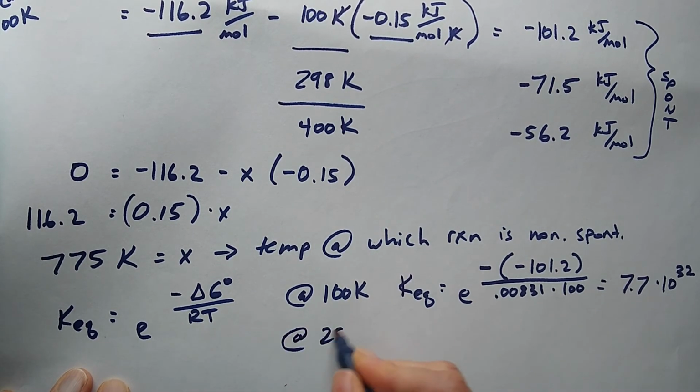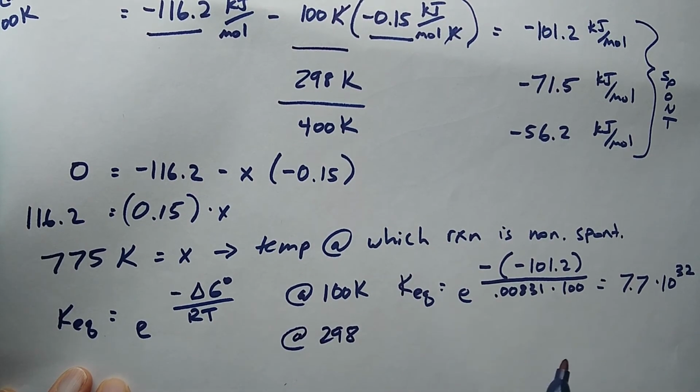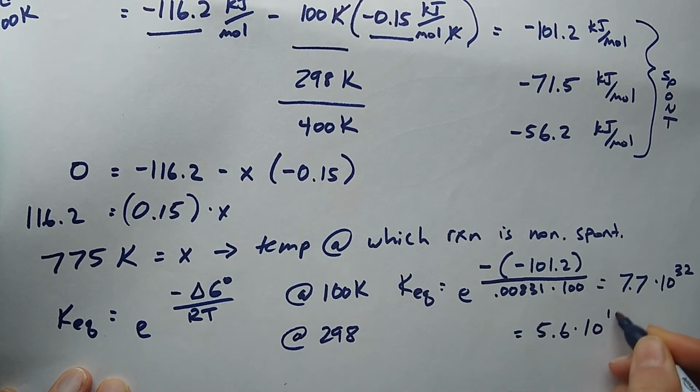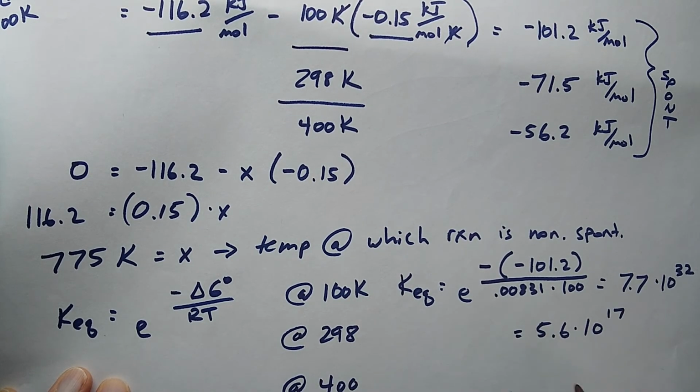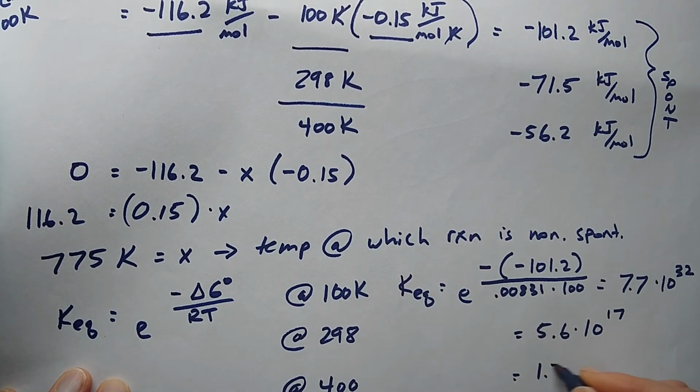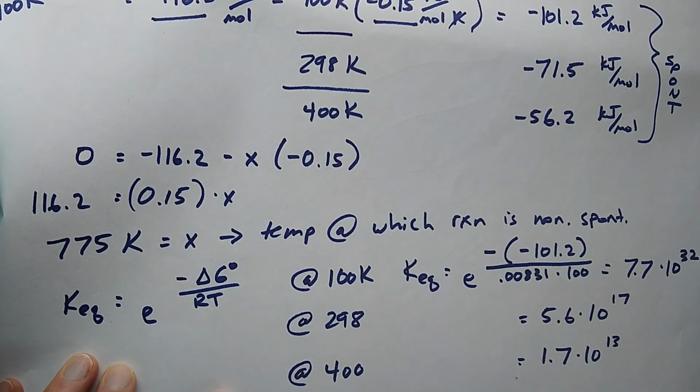At 298, plugging in the same manner, I end up getting 5.6 times 10 to the 17th. And at 400, plugging in the same manner, I end up getting 1.7 times 10 to the positive 13. So what we can see here is that as temperature increases, my equilibrium constant is getting smaller.